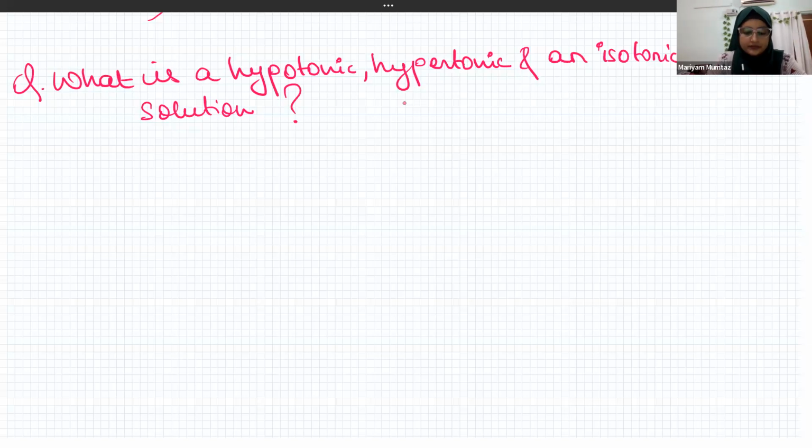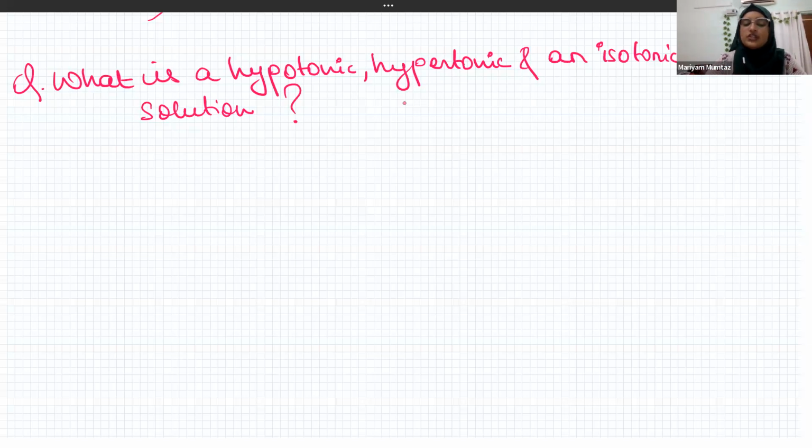Like while preserving some food, like raisins or pickles, we put it in a salt and water solution where the concentration is high, and we dry it up. How does it get shrunken? Because the water is moving out. That is why it is getting shrunken, right? Yes, very good. So you've understood it very nicely.